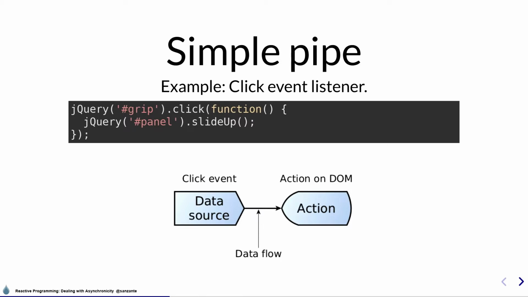For example, an event is generated in the browser, which is captured, and then an appropriate action is taken, in this case showing an element of the DOM. There you see that there is a flow of data that goes from the source of the event to its reception in the listener. This is nothing mysterious, it's what we do every day, but it's the simplest pipe.